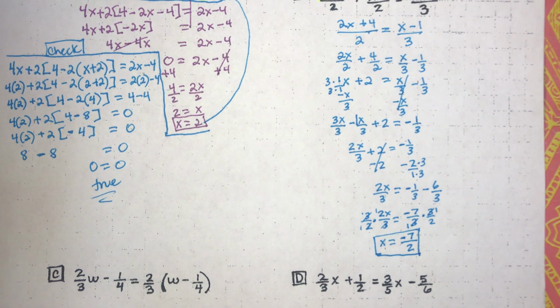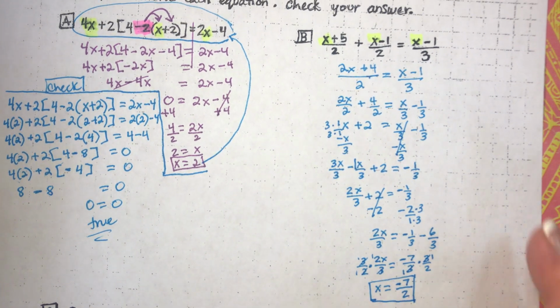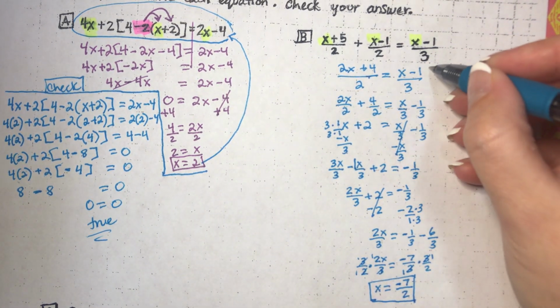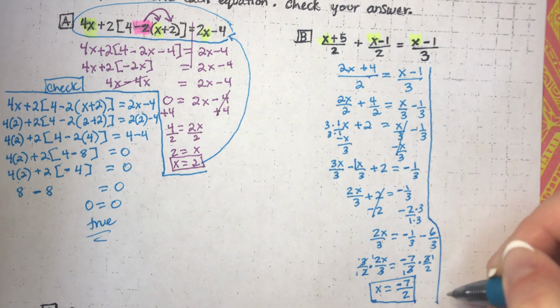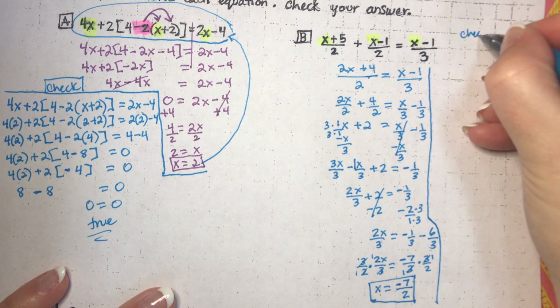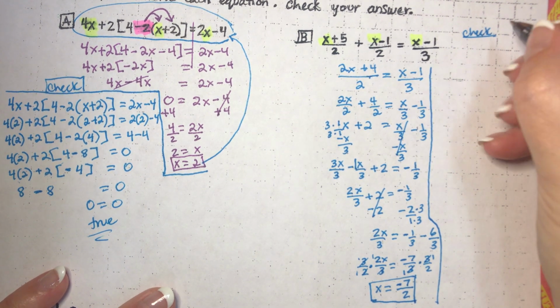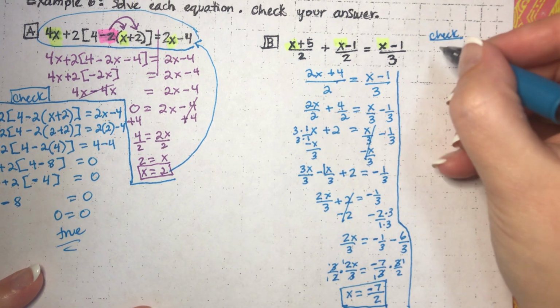All right, now we're going to go ahead and do that check in this little itty bitty space over here. Somehow this is all going to work out. Okay, so we're going to do the check. So I'm going to rewrite this equation. Kind of small.